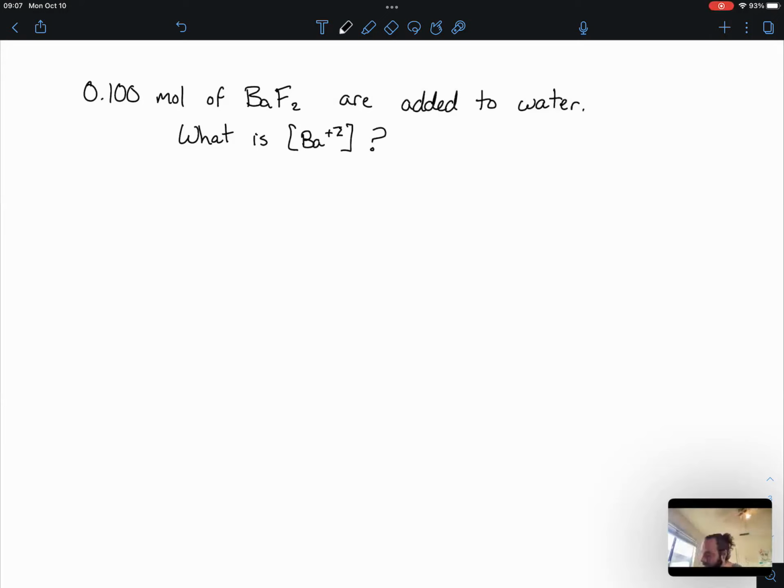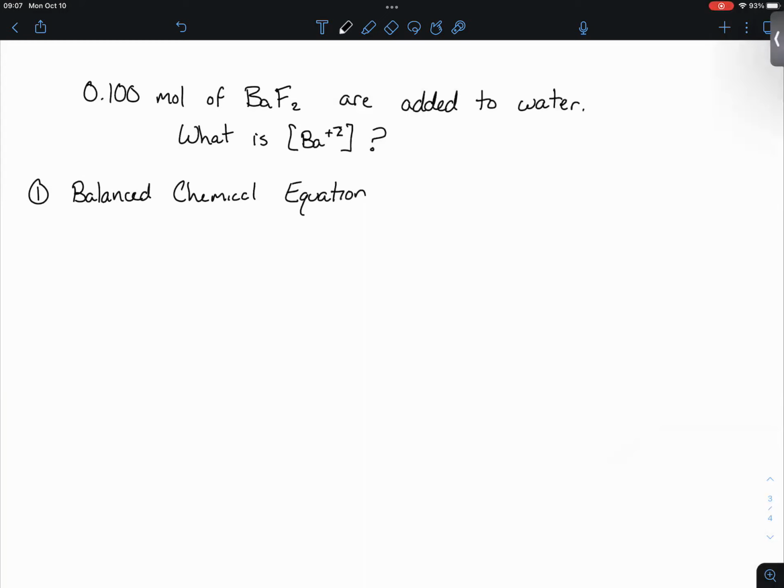So step one, and this is very similar to what we saw before when we were doing our acid-base equations for titrations. We need to start with a balanced chemical equation. And this is going to be for the solubility of barium fluoride.